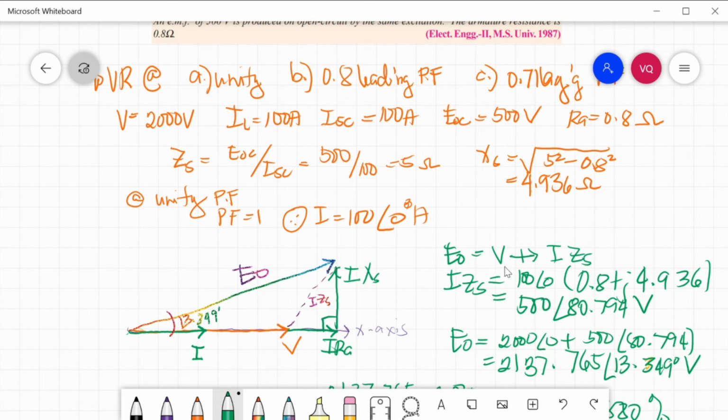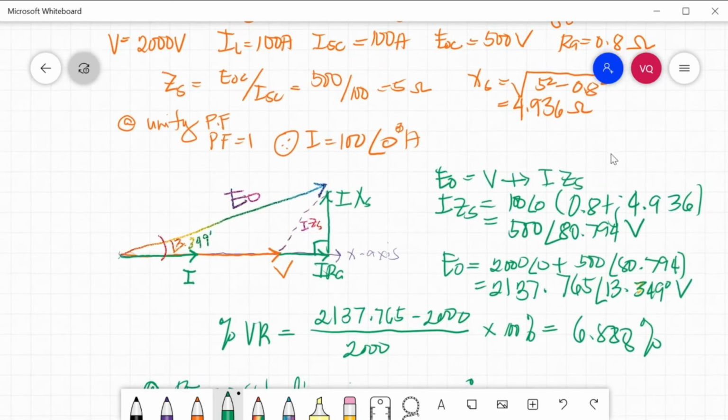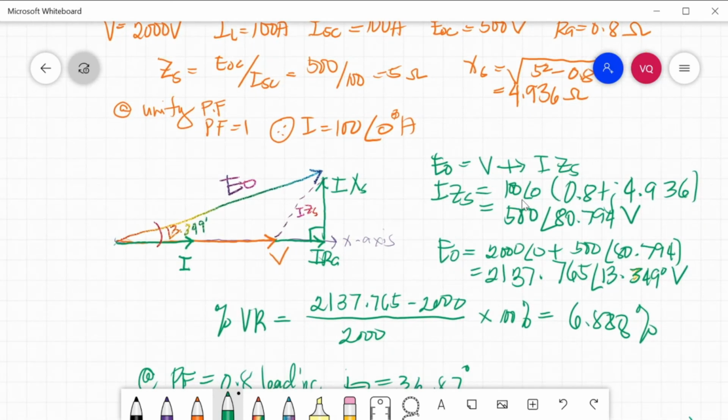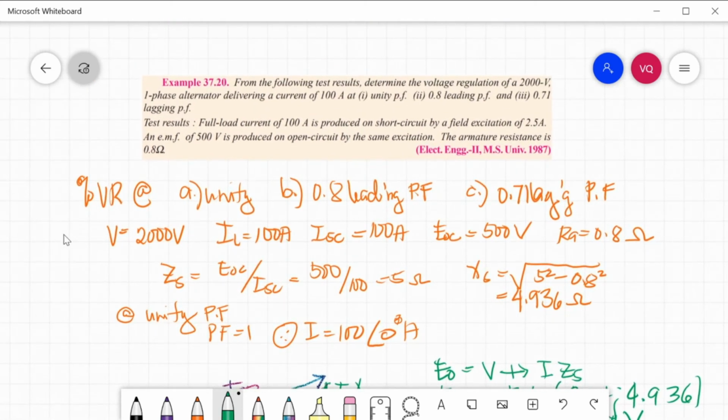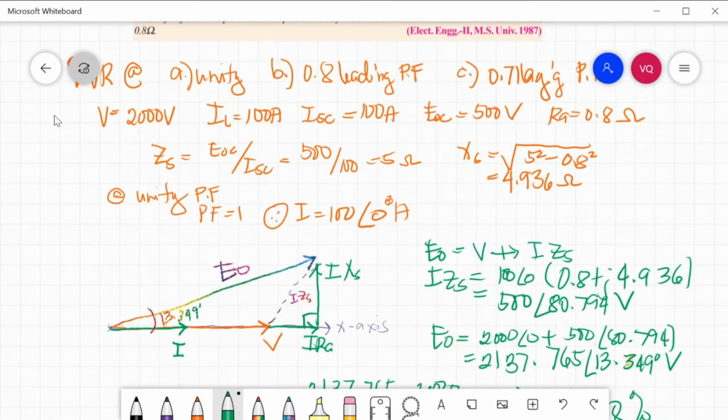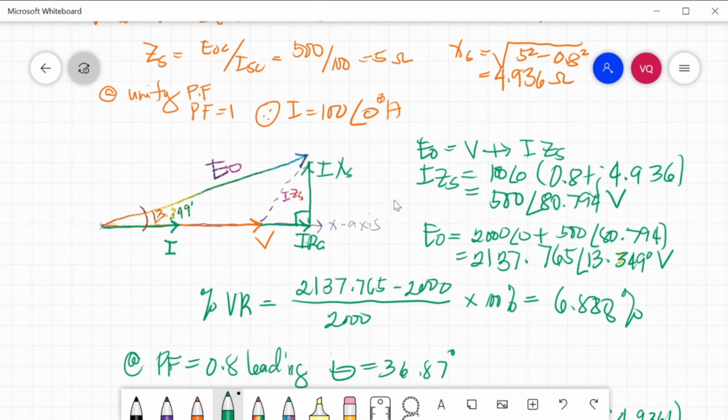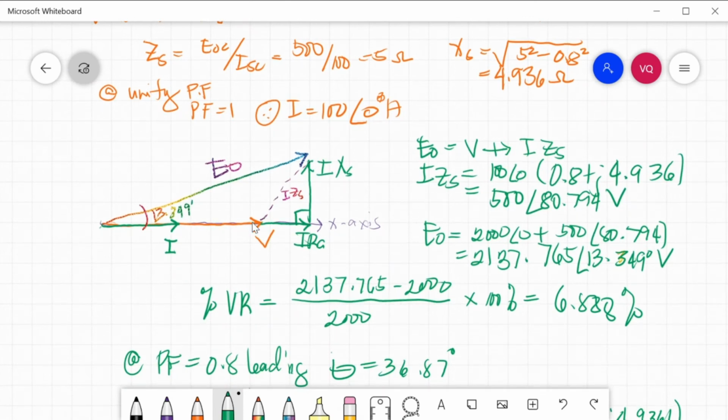Solving now your EO, that is V plus IZS. The drop IZS is equal to 100 angle 0 multiplied by the synchronous impedance.